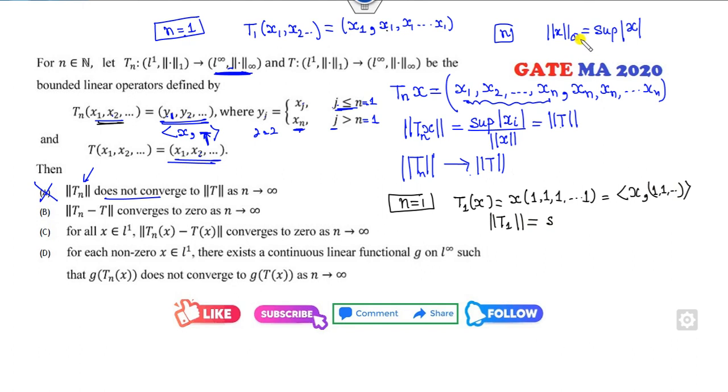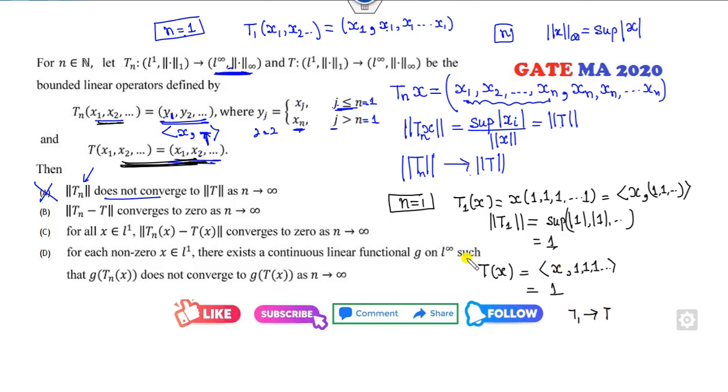That is the infinity norm, the supremum of mod of 1 and so on, which is 1. Then you can define T of x, again x comma 1 1 1, and only the dot product will be there. So again the supremum will be 1. Both are the same. It means T1 converges to T, or in general you can define it like here.